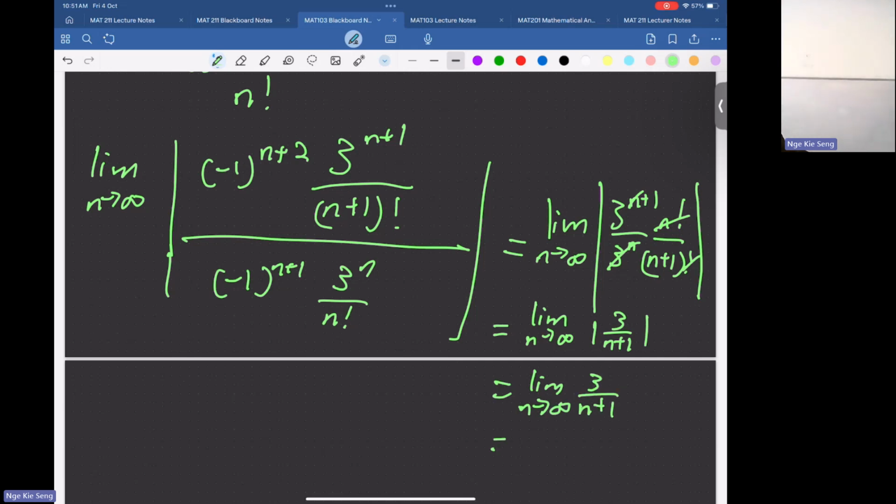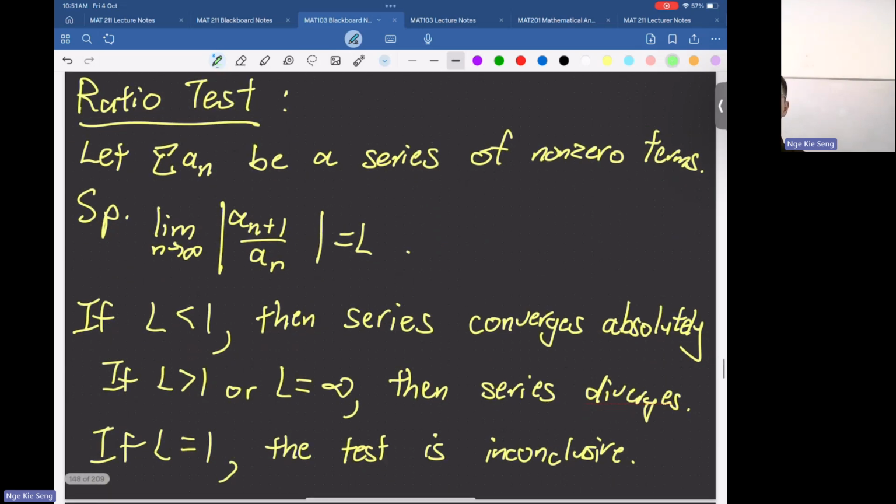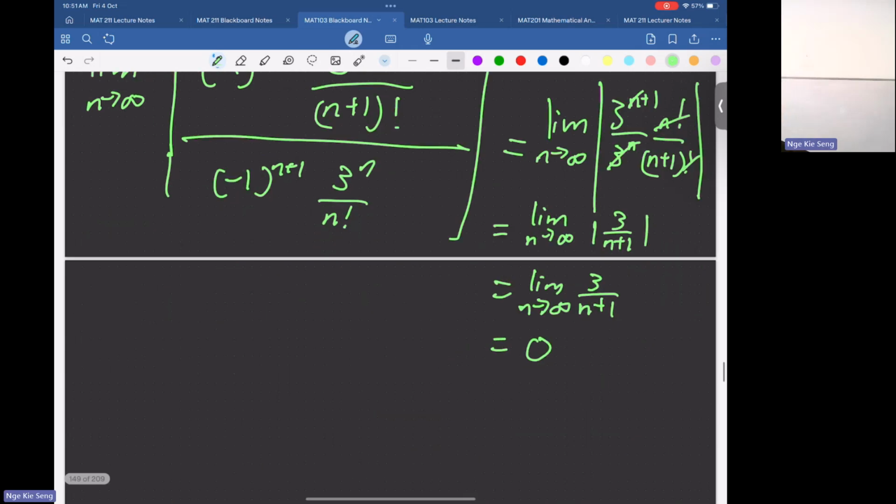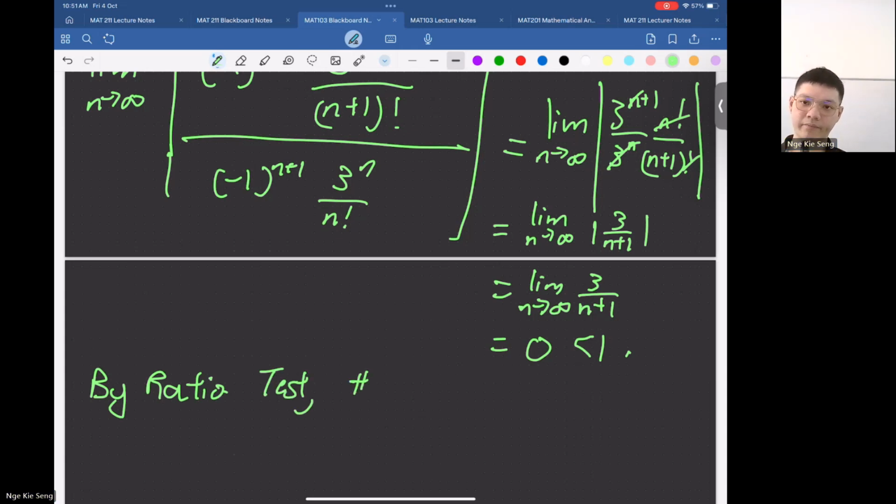This equals 0. So which case do we have here? This is the first case, L less than 1. So by the ratio test, this series converges absolutely. Okay? I think it's quite straightforward.